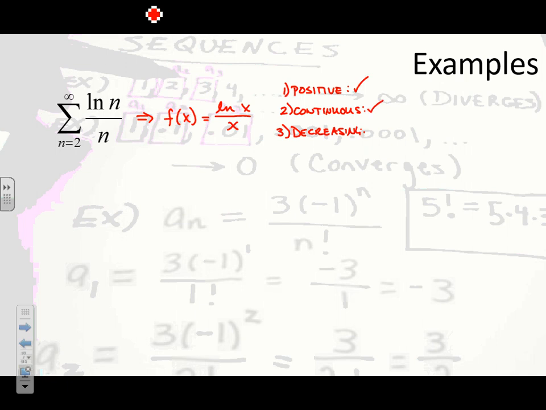And now as far as decreasing, we could check with the derivative.